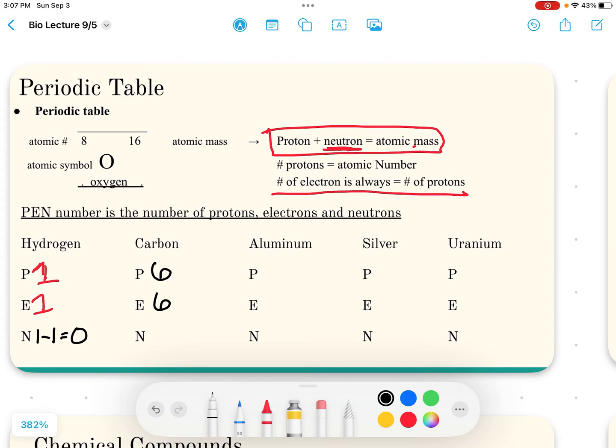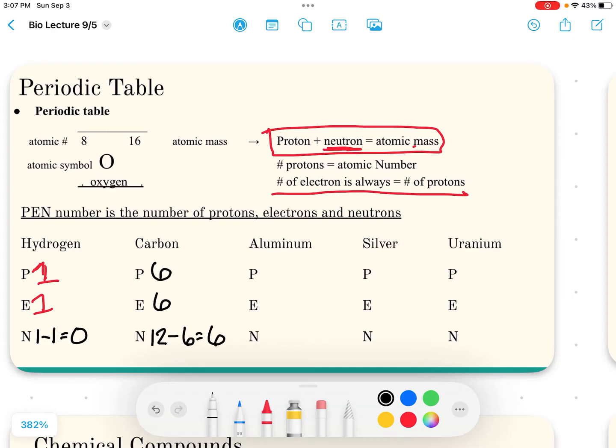If you look on the periodic table, it says 12.011. We're just going to use that 12. So 12, which is the atomic mass, minus the number of protons, which we said was 6. 12 minus 6 is 6. So we have 6 protons, 6 electrons, and 6 neutrons. All right, let's try the next one.